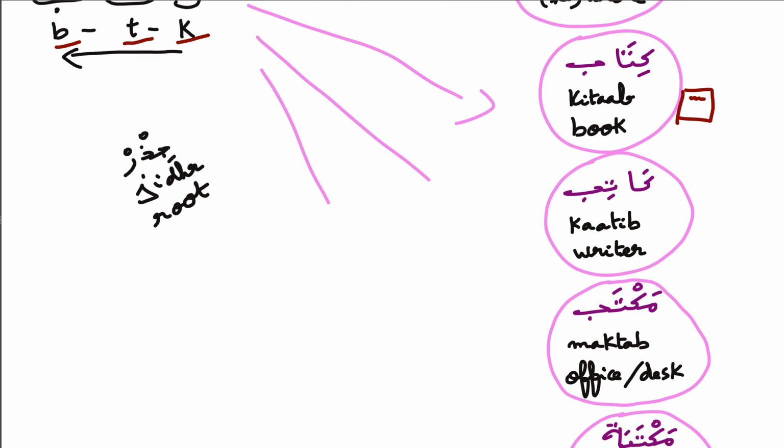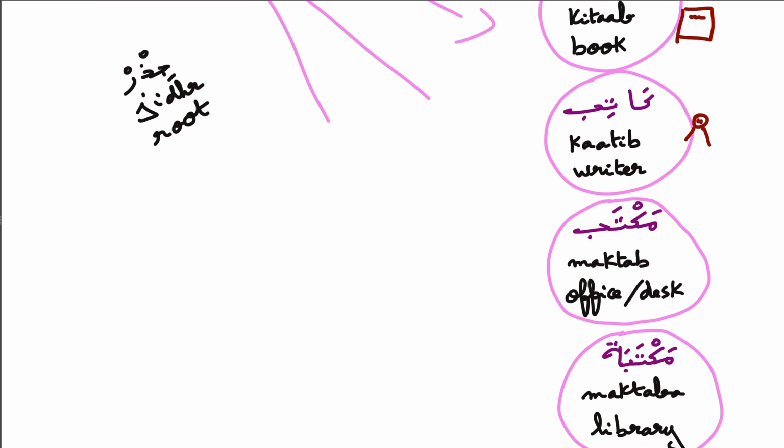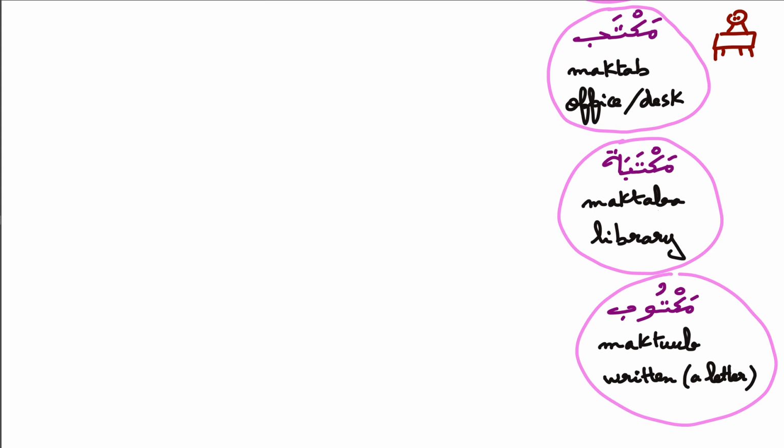Then we have katib, which means writer. Then we have maktab, which is desk or office. This is the office. Then we have maktaba, which is the library.